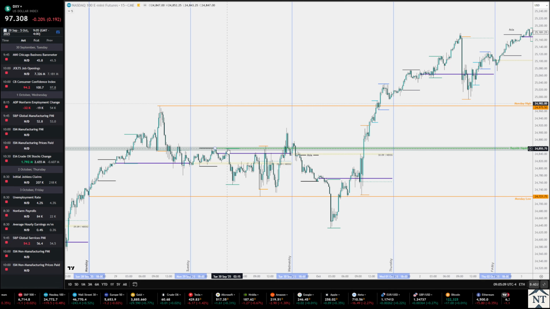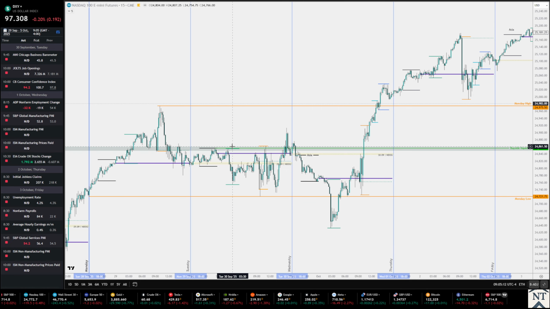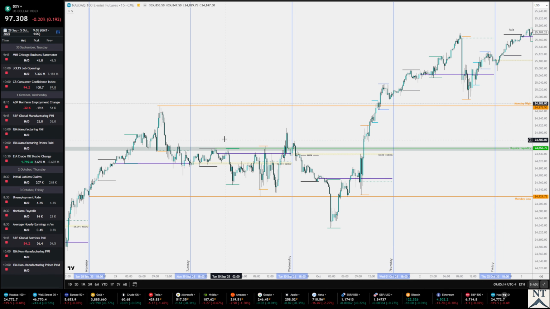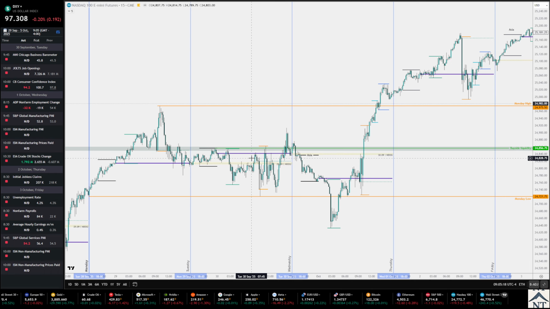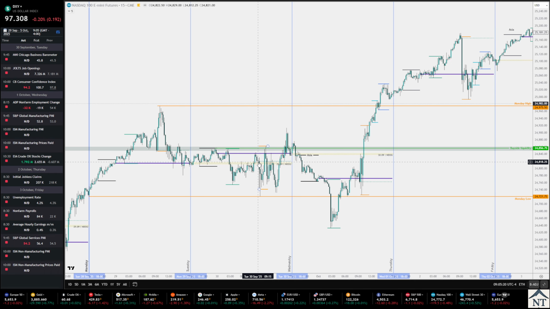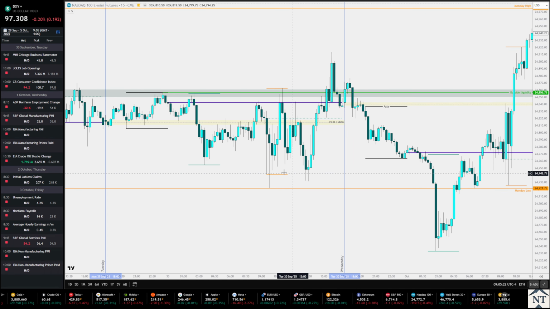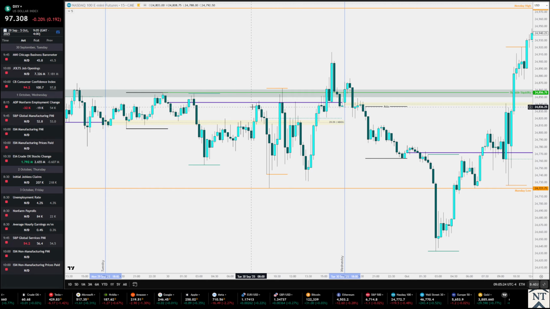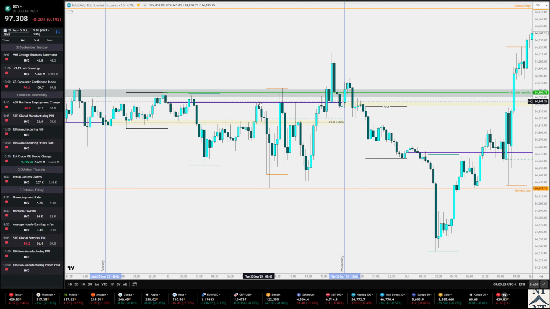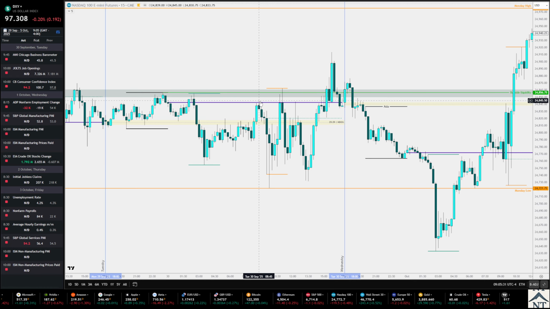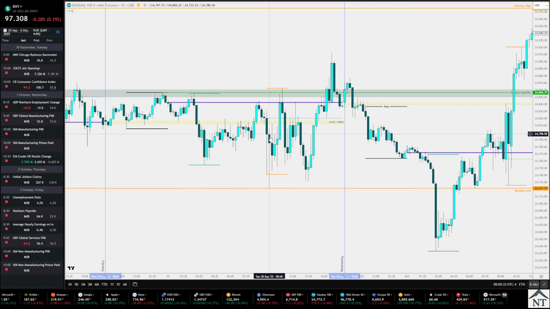Then London session didn't take the high, but created relative equal highs over here and then run lower. Going into the 9:30 open, we again touch the New York midnight open.